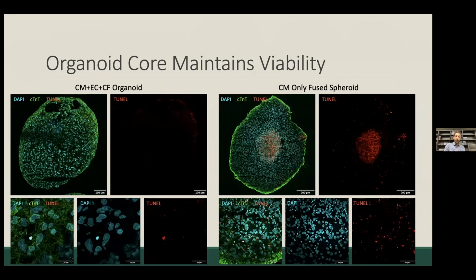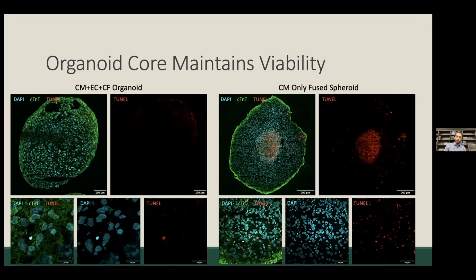And as you can see on the left, the organoid that has the multiple cell types versus just the fused cardiomyocytes actually has significantly less apoptosis as demarcated by fewer TUNEL positive nuclei. Additionally, the TUNEL positive nuclei are diffusely spread throughout and not localized, as you see on the right, in the core of the spheroid.